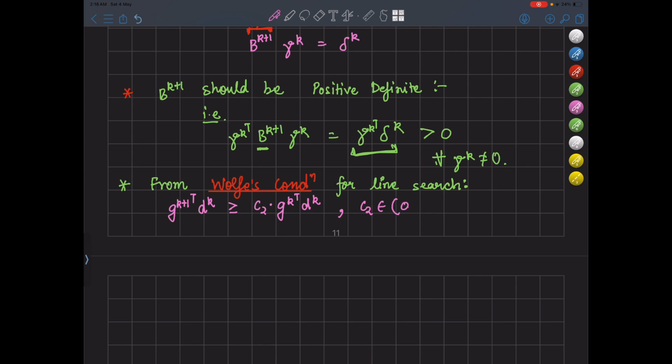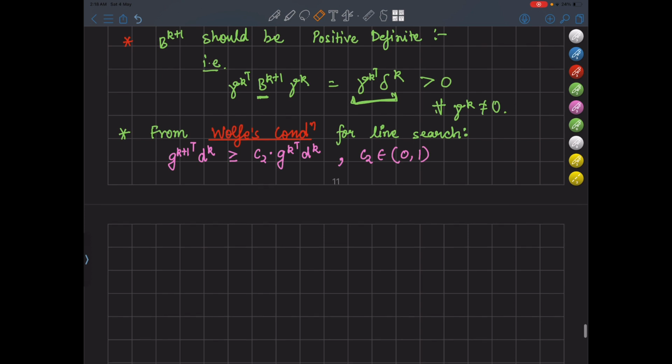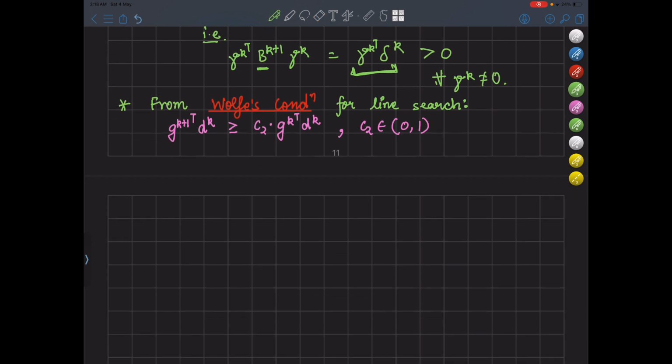We can assume 0 to 1, which is the superset of that. Here dk is the descent direction at xk, which is equal to xk plus 1 minus xk, correct?